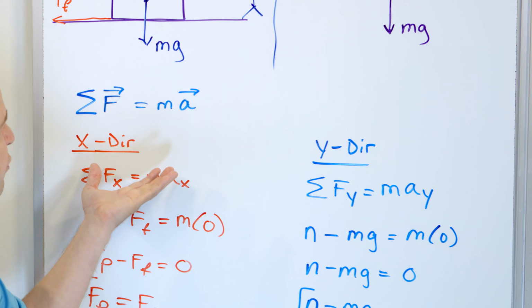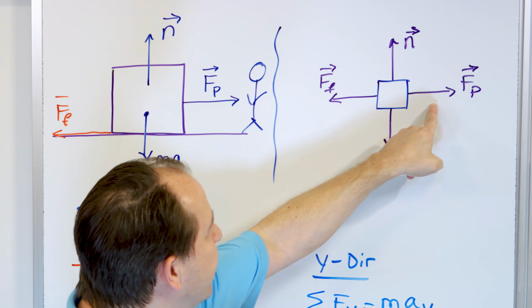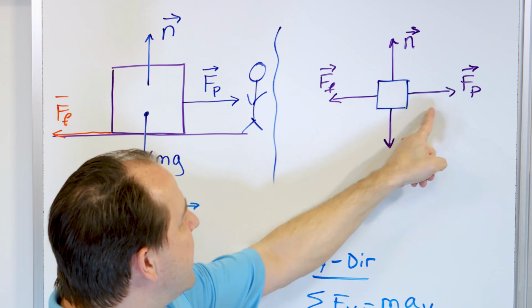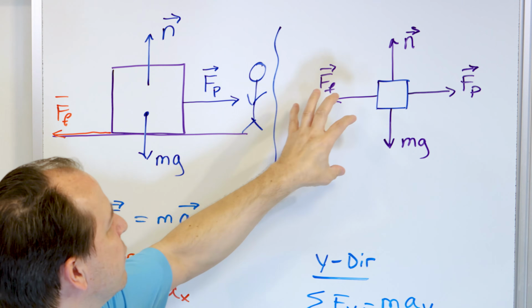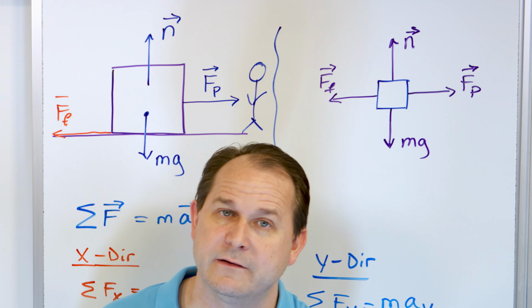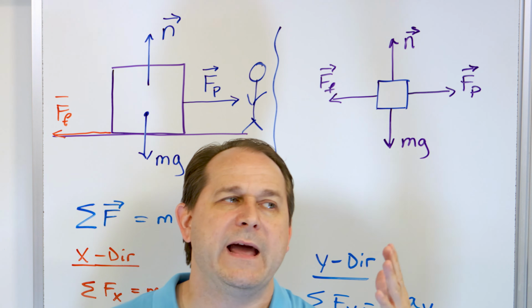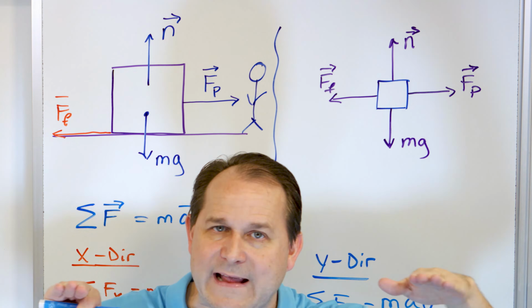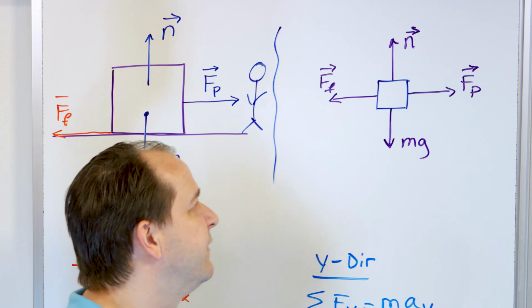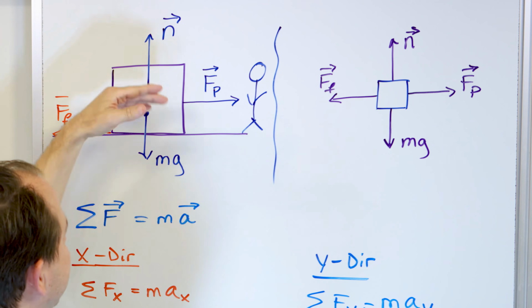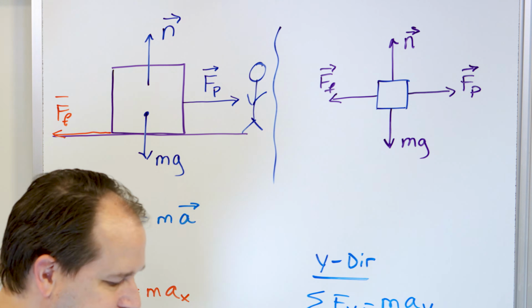In this case, since it's moving at a constant velocity, the pulling force is exactly equal to the frictional force, nullifying the force in this direction, but the thing is still moving because an object in motion tends to stay in motion. When something starts moving, it keeps moving. And there's a zero net force in that direction, so it's going to keep moving at a constant velocity. And similar thing in the vertical direction. The up and the down force is balanced because the thing is sitting on the ground.